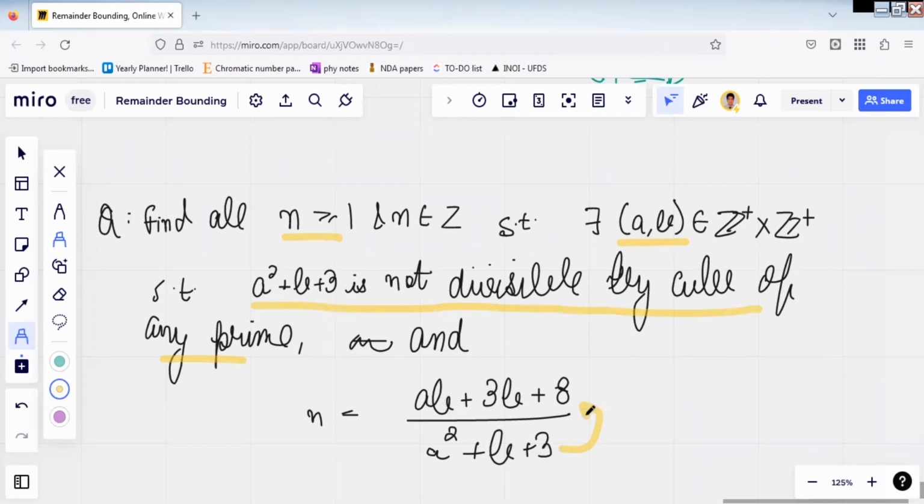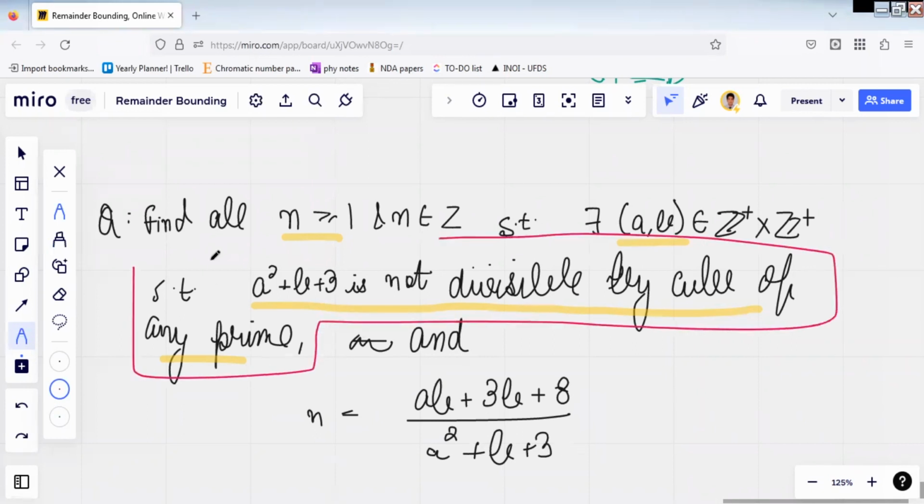Basically, this thing divides this thing, and n is the quotient of these two. Okay, for now, is the problem clear to everyone? Yeah. Okay. For now, just forget this condition and try to deal with this divisibility condition first. Take 2-3 minutes to try.